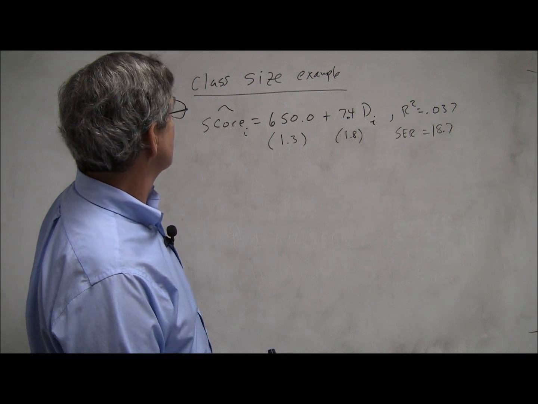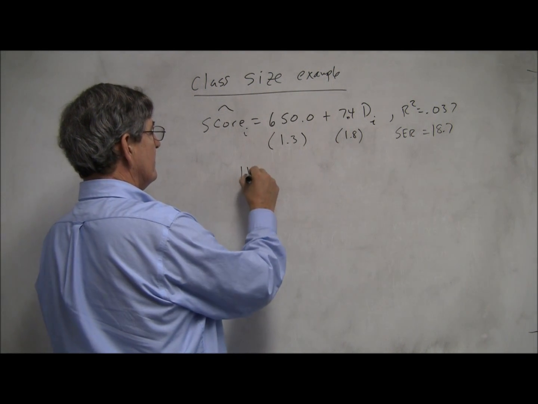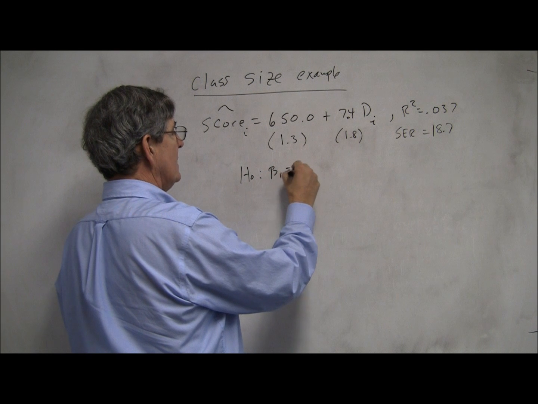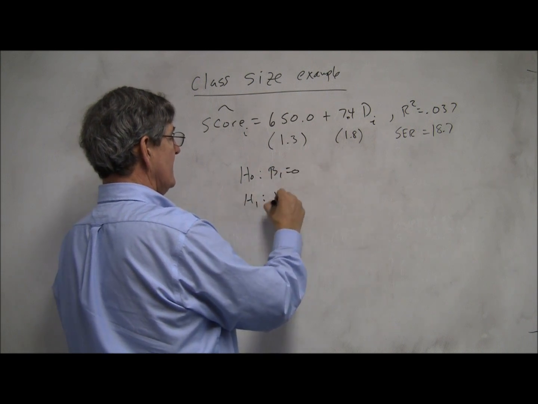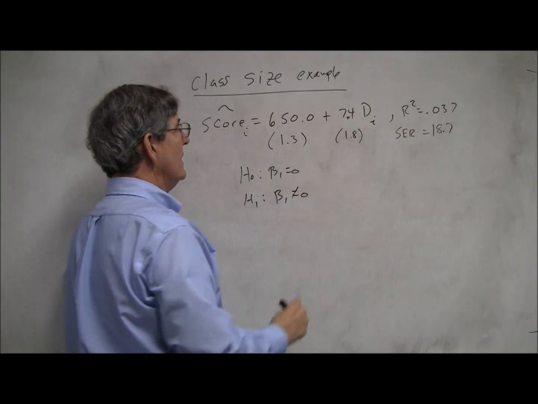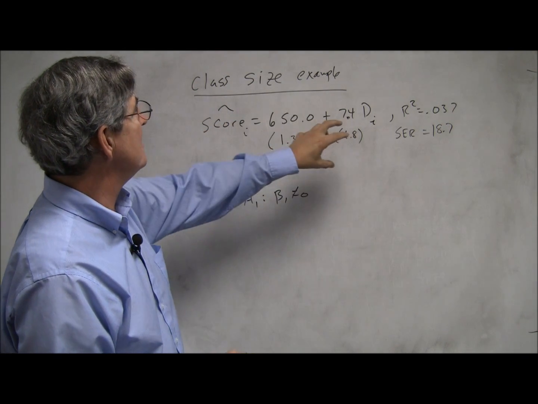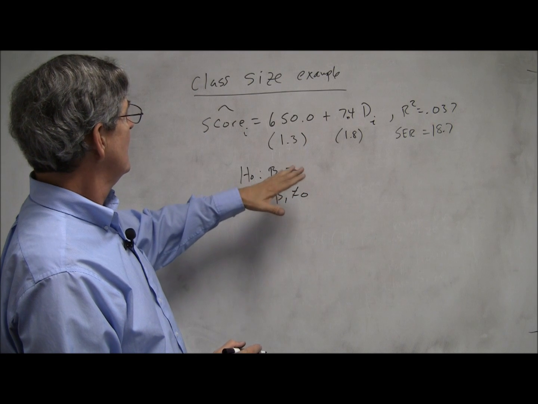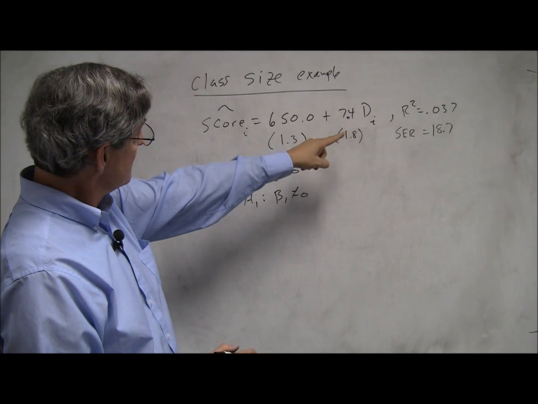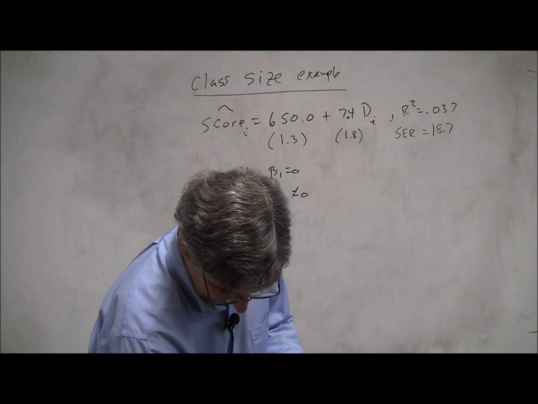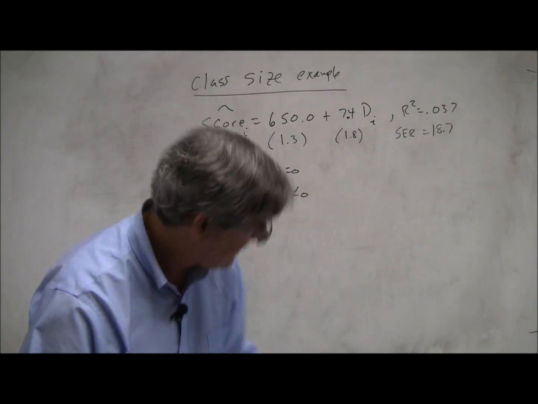Okay, so our null is that beta 1 equals 0. The alternative is that beta 1 does not equal 0. And again, the test is whether there is any difference in the population means between size less than 20 and size greater than 20.